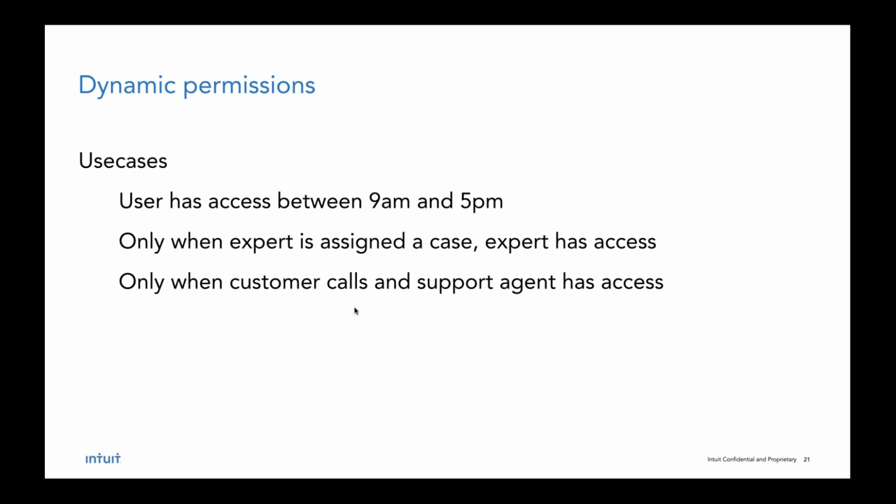We also talked about the customer support use case, where when somebody calls and the support agent needs access to the data for that session, we need to provide dynamic access. And there are some more use cases where you probably want to apply complex temporal decisions to allow access to a particular resource.